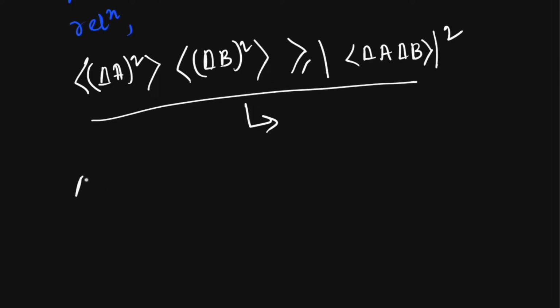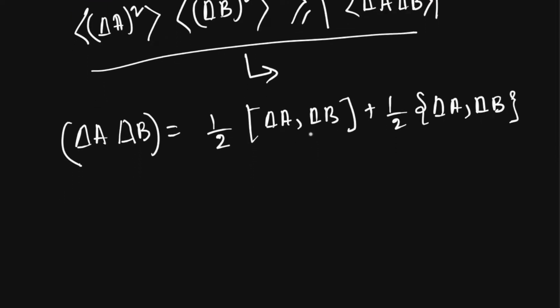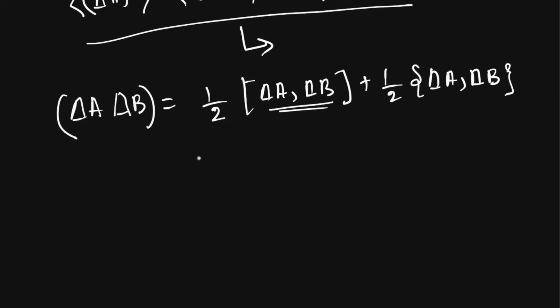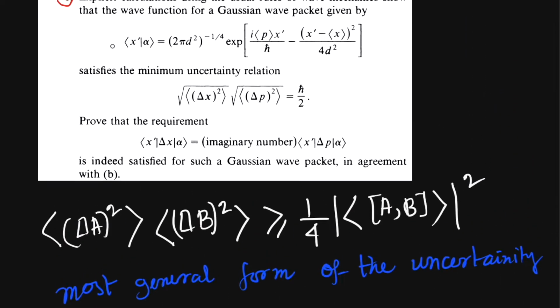Now we can express delta A delta B in terms of, as we have seen previously in lecture, half the commutator of delta A and delta B plus half the anti-commutator of delta A and delta B. And we have already seen that the commutator is nothing but half of the commutator of A and B. Now let us prove that this relation holds.